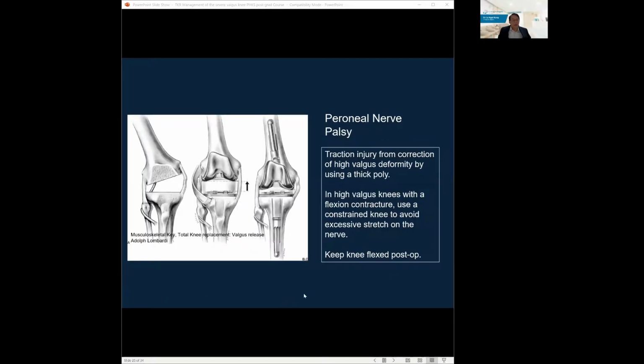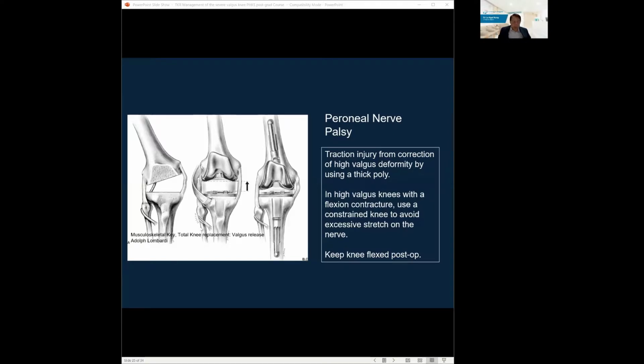The other reason to use a constrained condylar knee would be when the medial structures are so loose that in order to balance the lateral to medial, we have to do such a massive lateral release and use such a big piece of polyethylene to balance the gap, that we put the common peroneal nerve at risk of stretching and then ending up with neuropraxia and a foot drop.